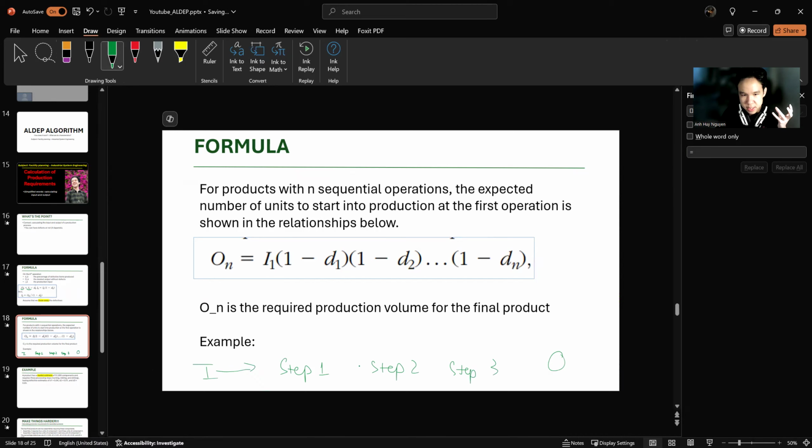So in this sequence, we have three operations, which is n equals 3. If you have a sequence like this, you can use this equation. What is this equation for? It allows you to calculate the output and the input quickly. I'll show you through an example later.